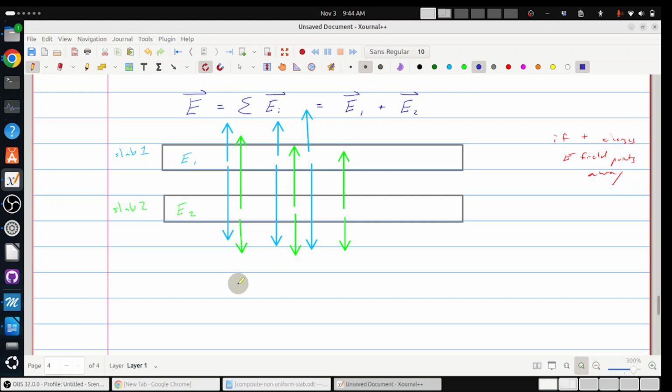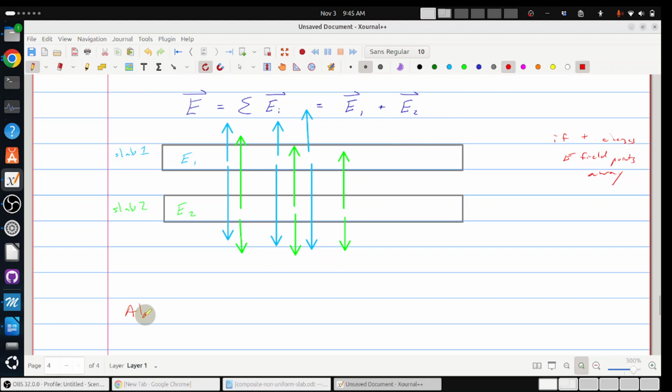So my net electric field in different regions, let's just do it this way.